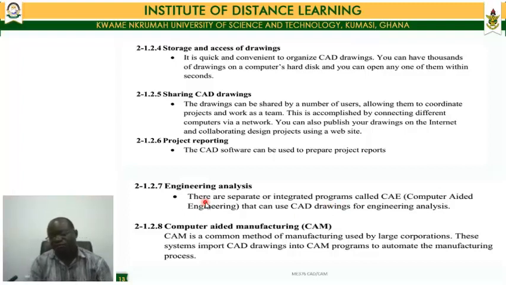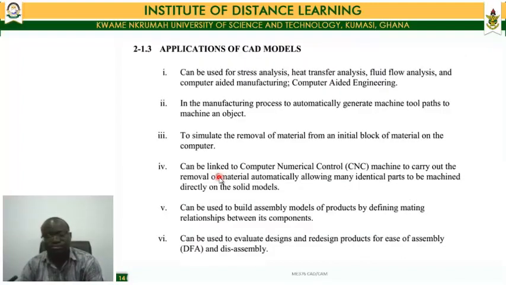So you can have CAM as a method used by large corporations to do manufacturing. That's computer-aided manufacturing. But to use the CAM, you need the CAD. So the systems will import CAD drawings into the CAM programs to automate the manufacturing process. So CAD drawings will greatly assist in CAM.